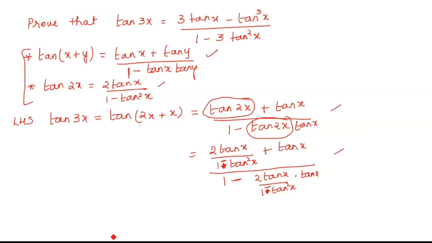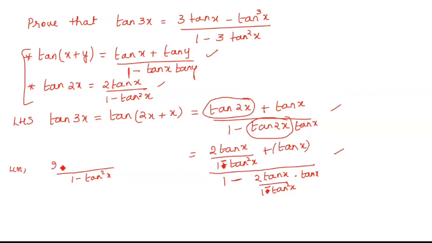Next step what we have to do is take the LCM. So LCM I'm going to write here. So what is the LCM in the numerator? 1 minus tan square x. So let me take only the numerator, 1 minus tan square x. Okay, so that means this 1 minus tan square x should be multiplied with this term tan x.